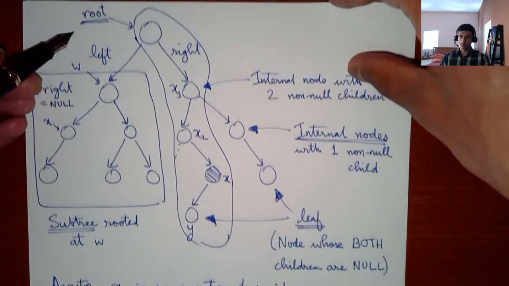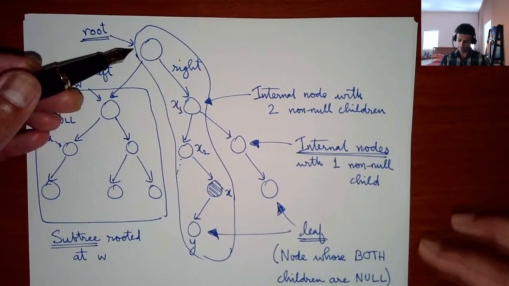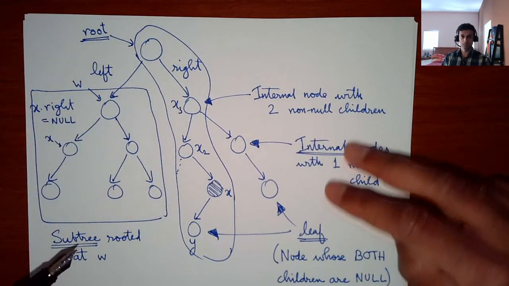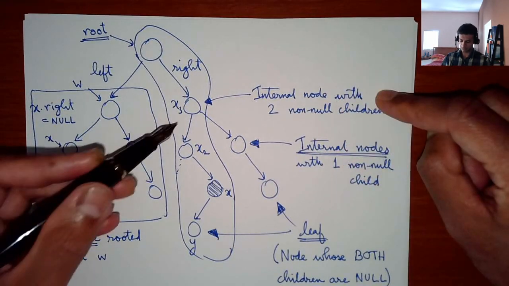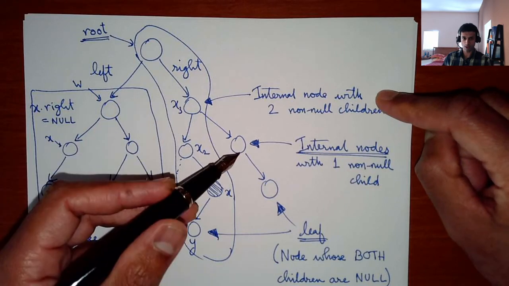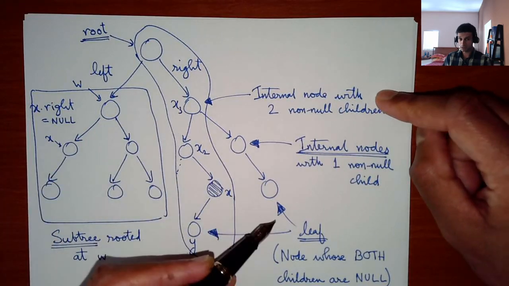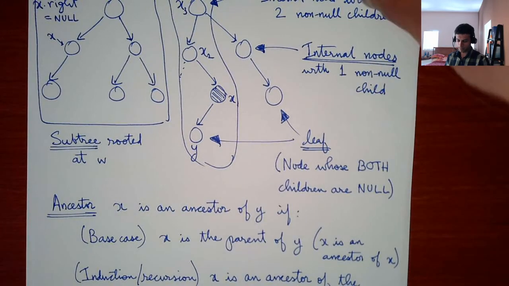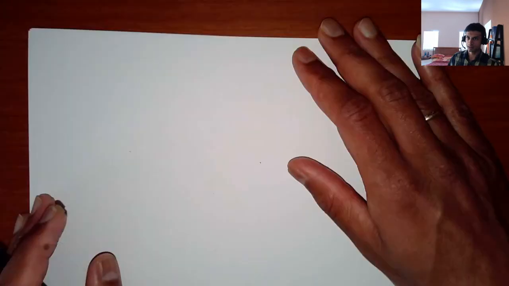So we have the root, which is the top of the tree. We have internal nodes of two kinds, those that have two non-null children and those that have one non-null child. We have leaves. Then we have ancestors. And finally, we have descendants.